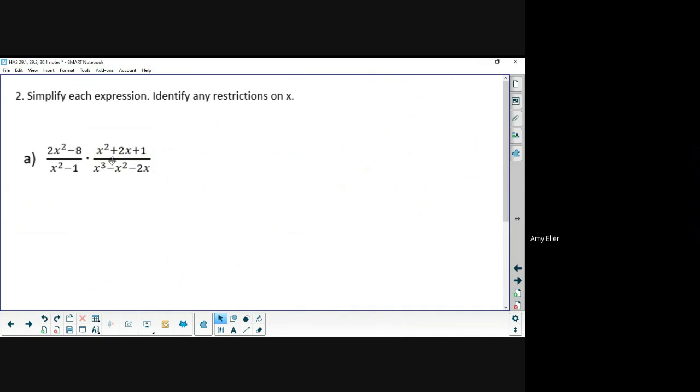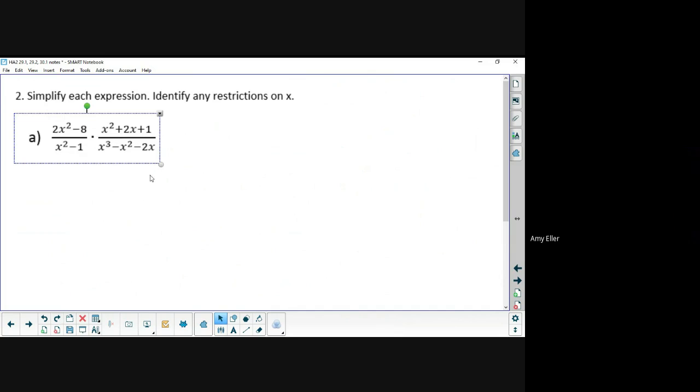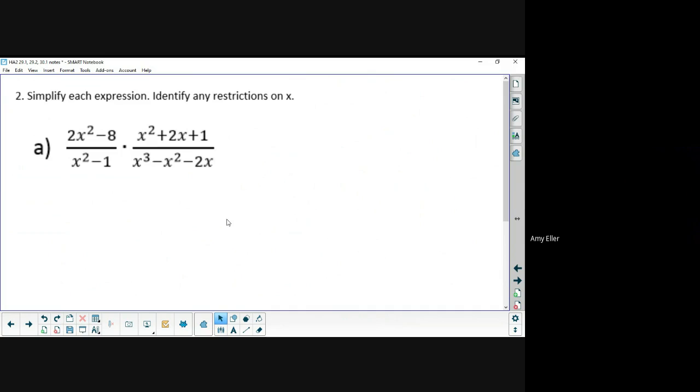not solve. Ooh, I did not say solve. I didn't mean to. Simplify each expression. Identify any restrictions on x. Factor the top and bottom of both fractions.